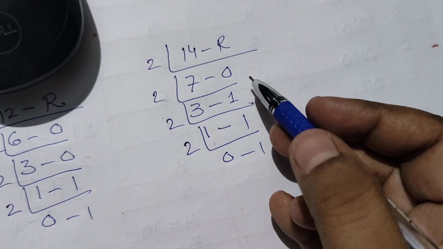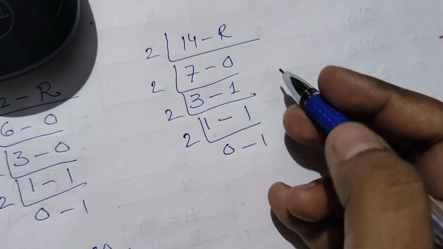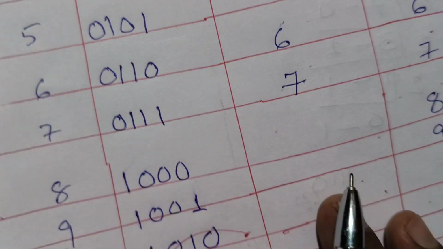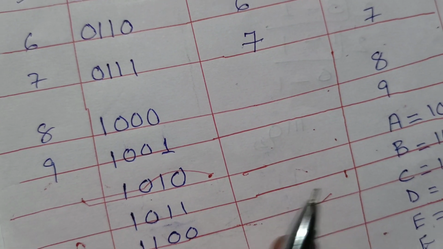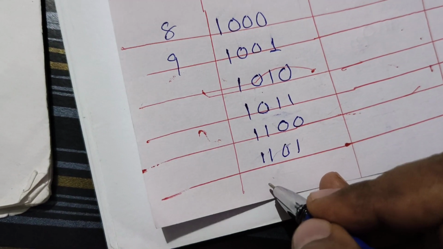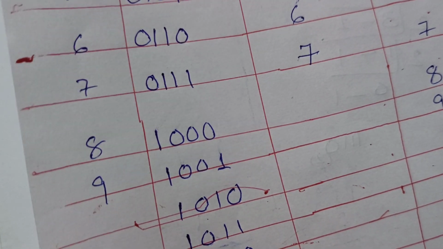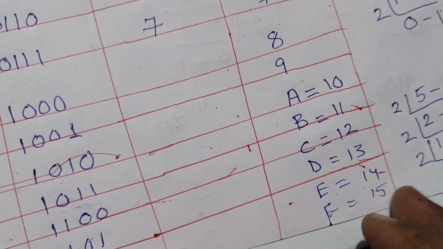Now the value of 14 in binary number system is 1110. 1110 to the base 2. This is 14. Now we have to write 15.